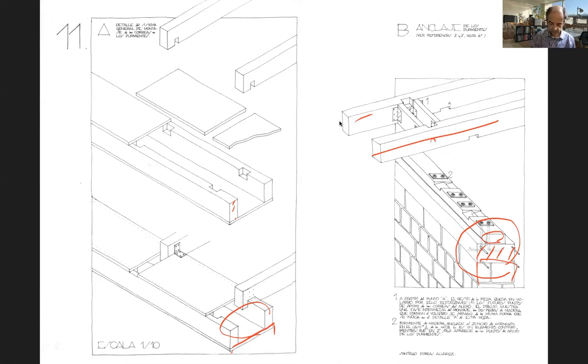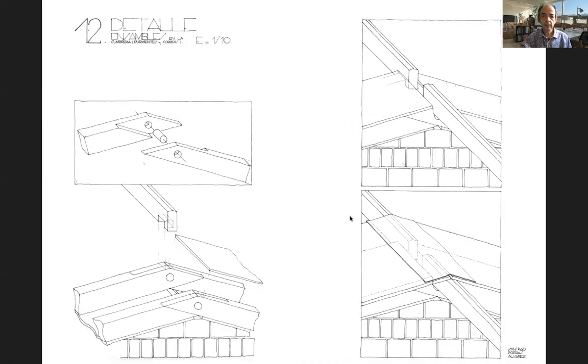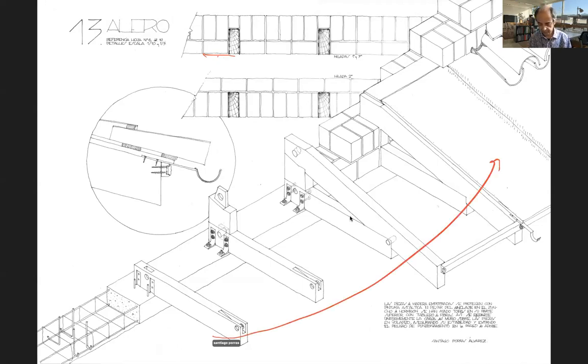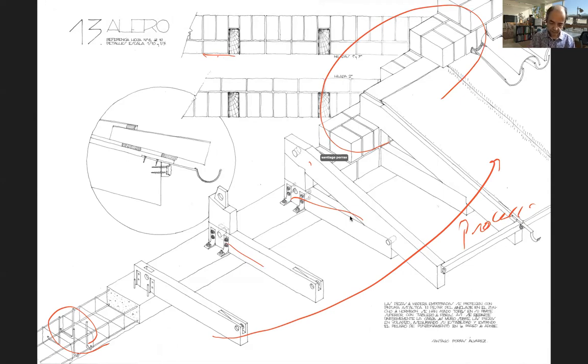And we are almost finished. The design of the gable, these are all 1 to 10 scale. And finally, the eave. This is interesting because I try to show the process, right? This is very illustrative, and how to make from the tie beam to the structural elements of the eave and the connection with the rest of the Adobe, and how the timber is protected so it doesn't get the humidity from the wall.